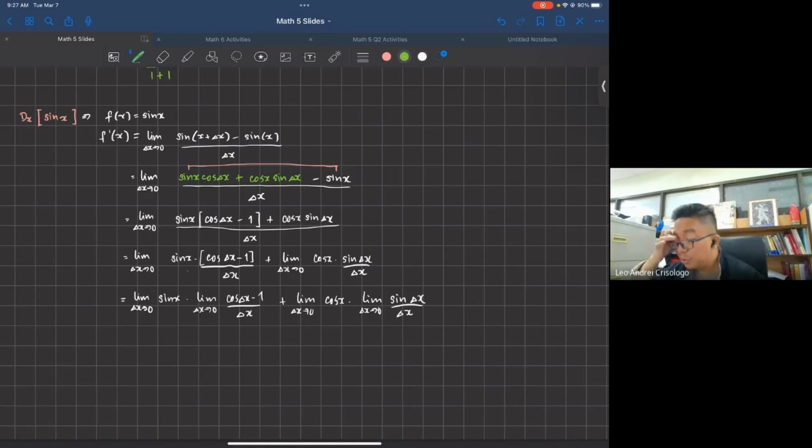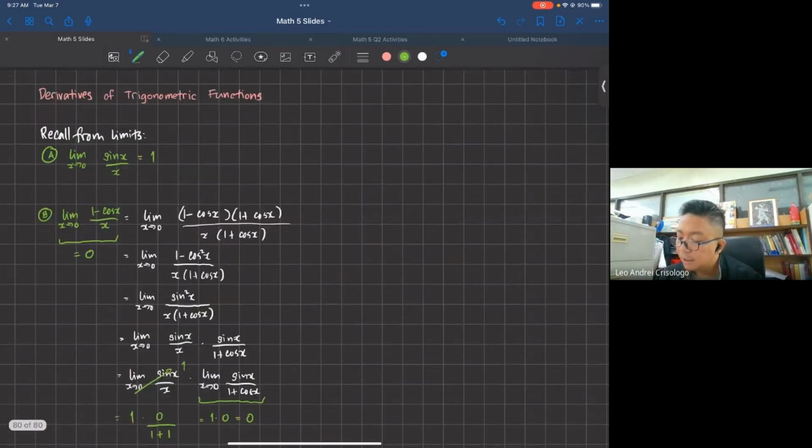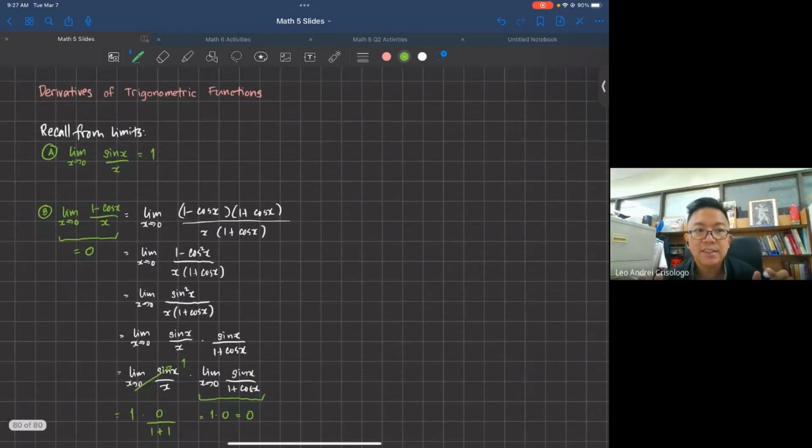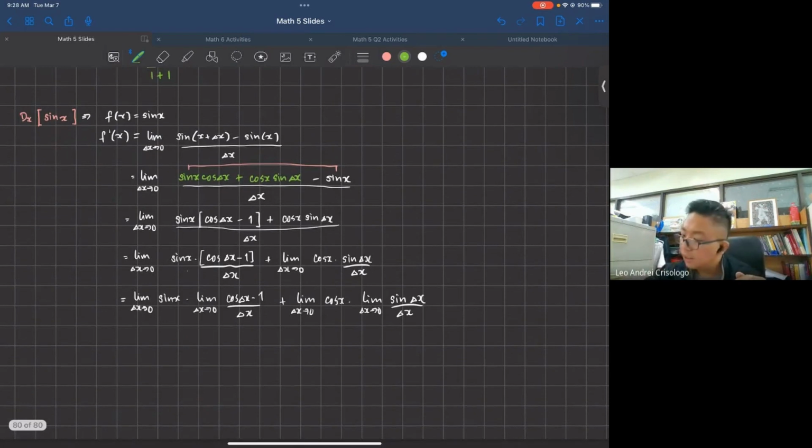Now, ano yung alam na natin na limits dito? From our results dito sa taas, yung limit as x approaches 0 of sine x over x is equal to 1, then correspondingly, the limit as delta x approaches 0 ng sine delta x over delta x is also equal to 1. This goes to 1.